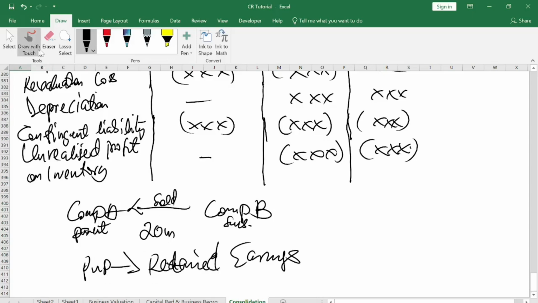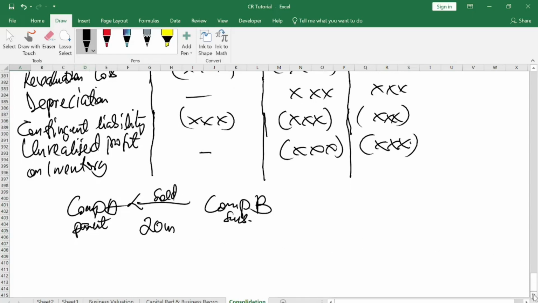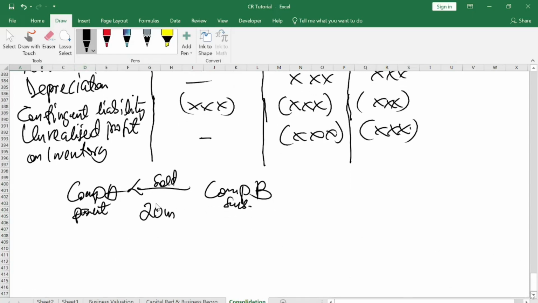Since we are doing net assets of the subsidiary, we will maintain this. So here, if it is the subsidiary that is making the profit, the sale is already made. They made a sale of 20 million during their transaction. During the accounting year, when they come to do the accounting, they have unsold goods.